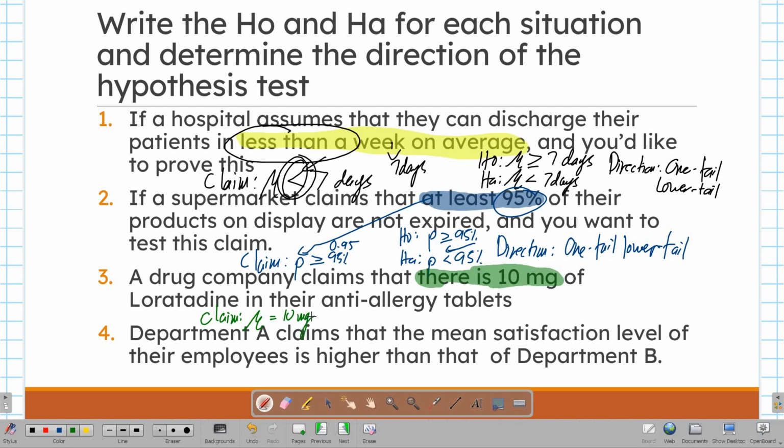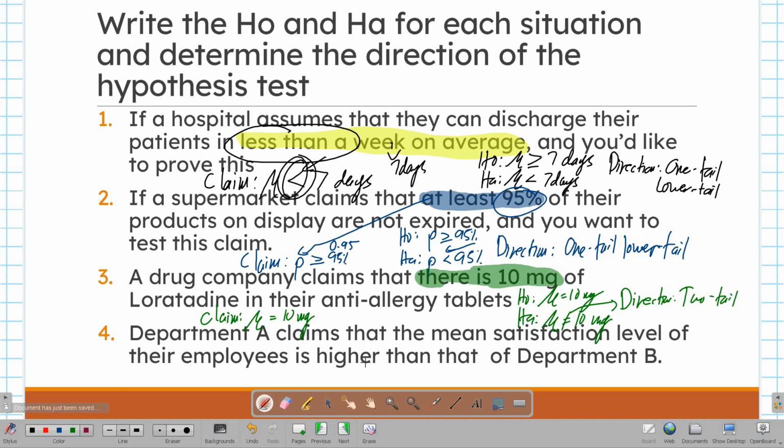Remember, most of the time when you say is, it's equal to in algebra. So the claim is that the mean is equal to 10 milligrams, and since it's equal, that would be our H0. Making the HA, the mean is not equal to 10 milligrams. And since it's not equal here, the direction would be a two-tailed test.